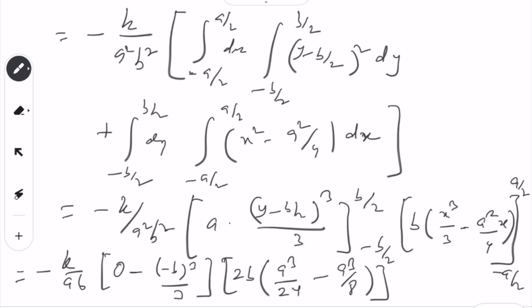Okay, so the final answer becomes k, so we have minus minus plus, so it becomes b cube over 3.